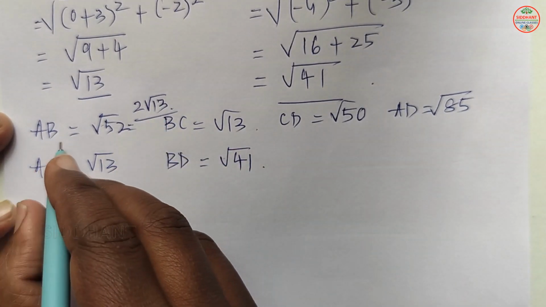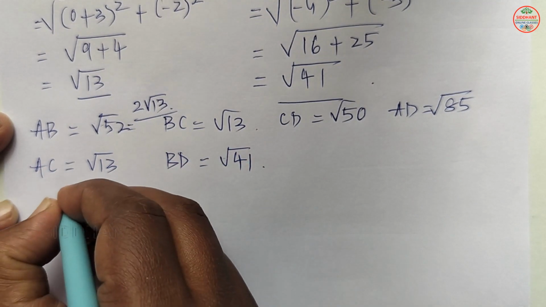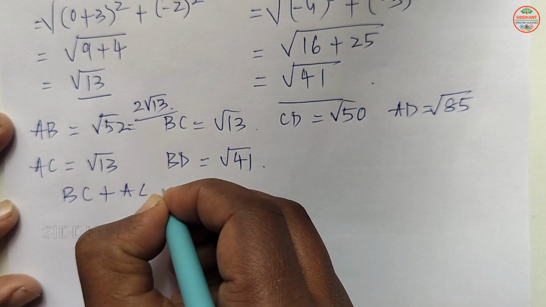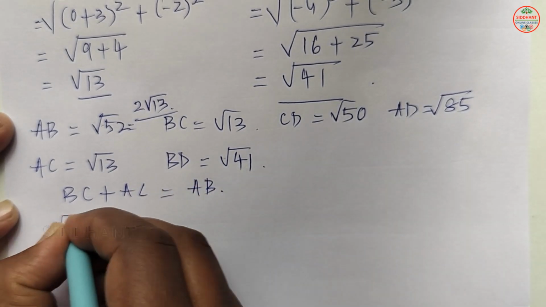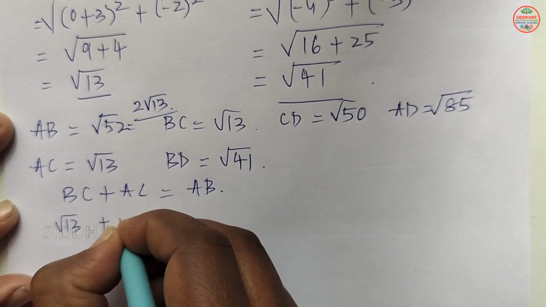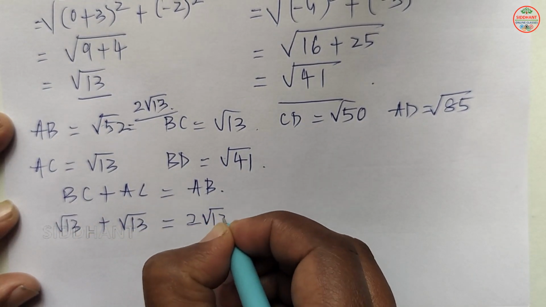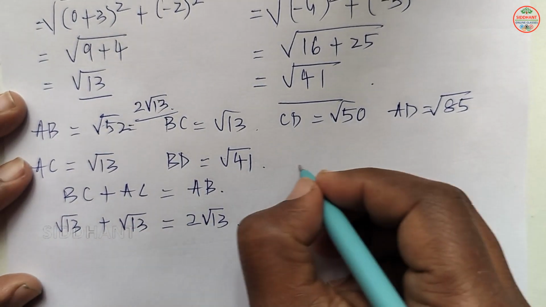So when you compare AB, AC, BC, what you are going to see is that BC plus AC is equal to AB. That means root 13 plus root 13 equals 2 root 13. So the 3 points are in the same line.